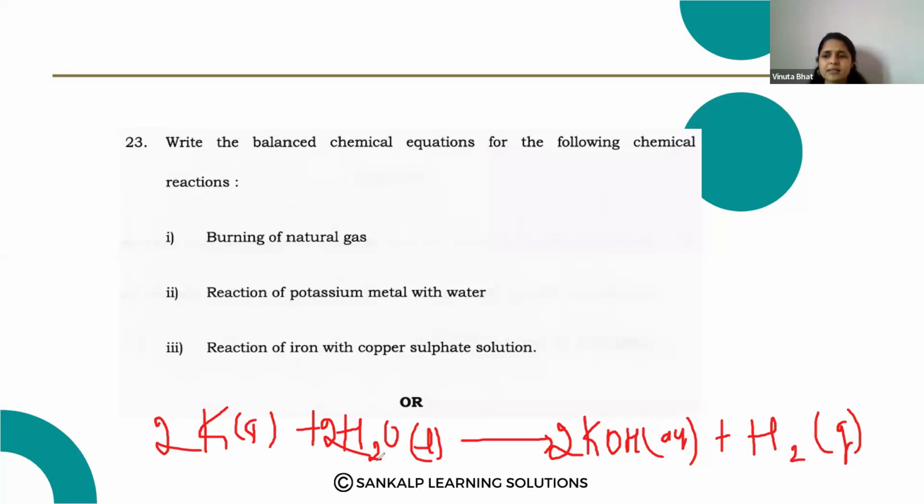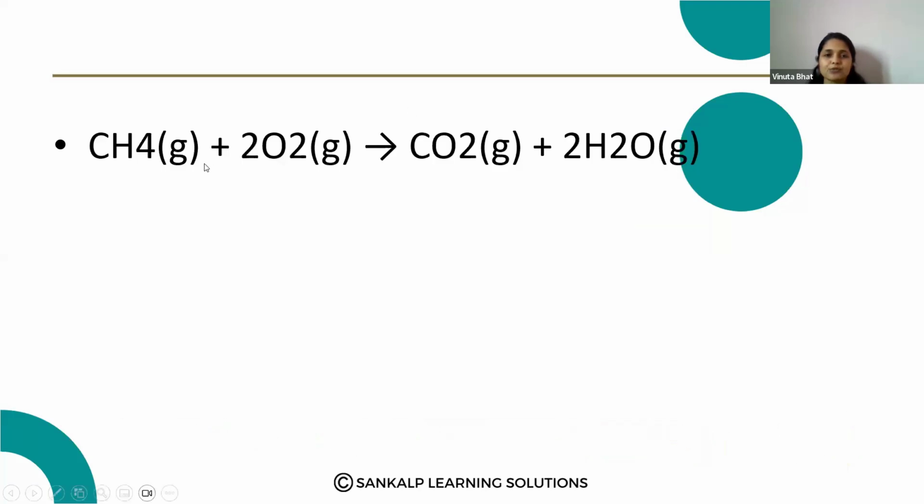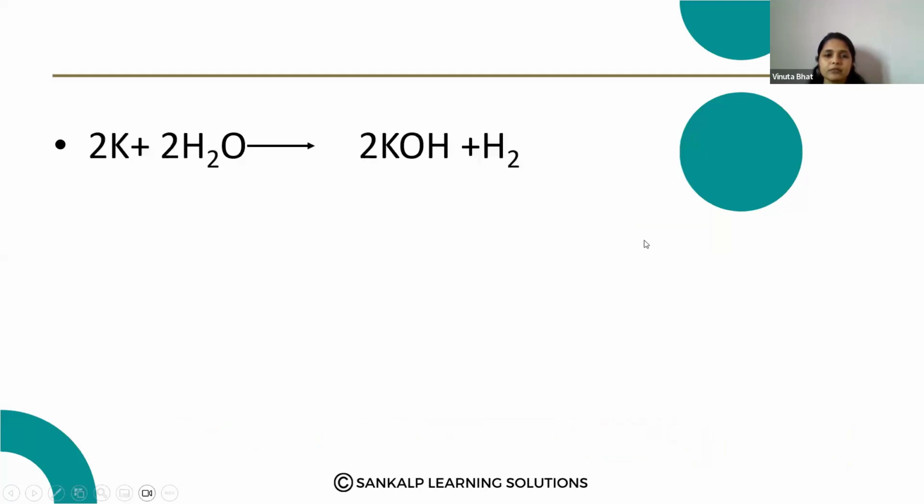This is the balanced chemical reaction of the potassium metal reacting with the water. Okay. So you can check the reactions. Yes, this is CH4 plus 2O2 gives CO2 plus 2H2O. This is the liquid, it is not a gas. Second one, when potassium reacts with the water, potassium hydroxide plus hydrogen gas is released.